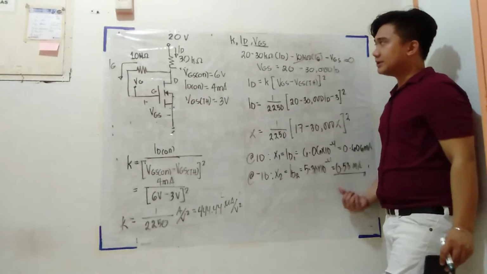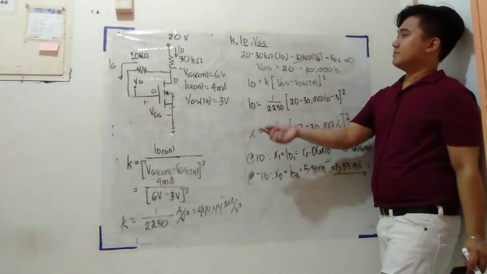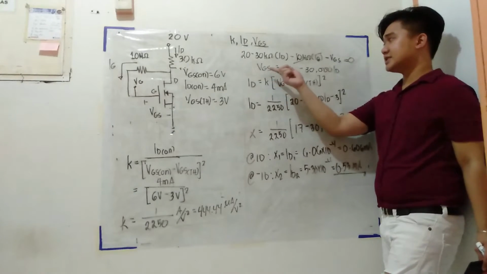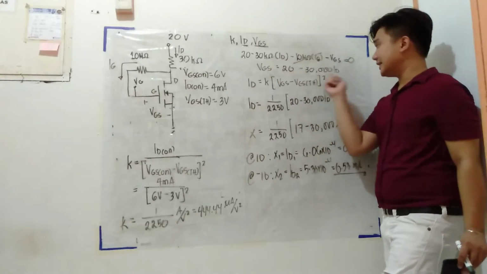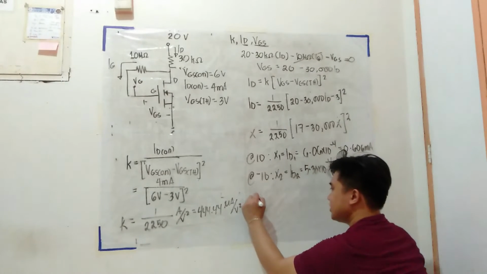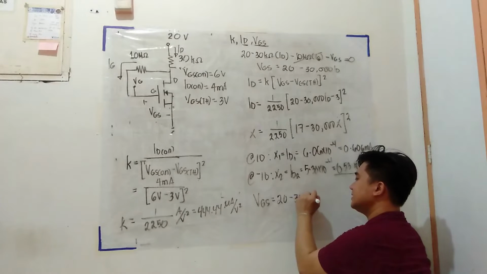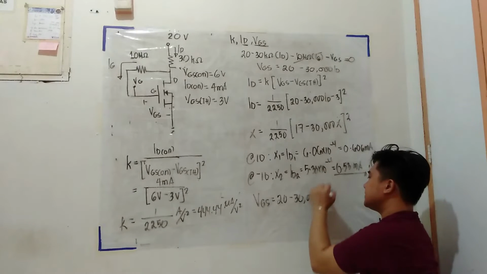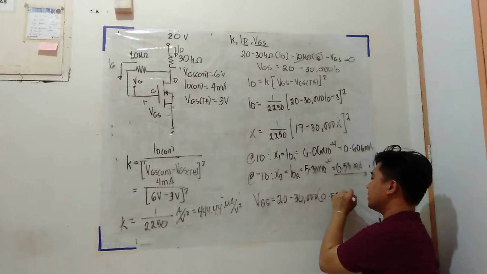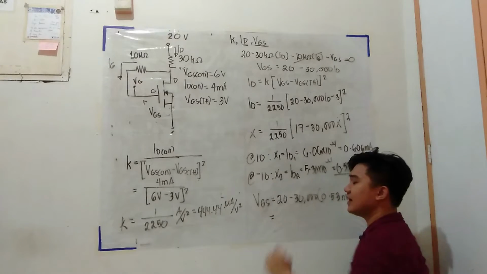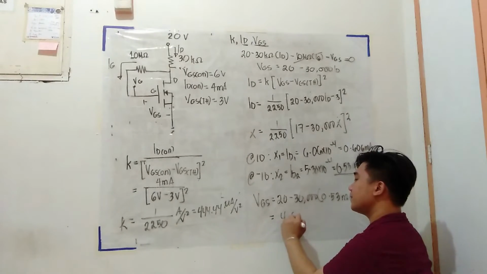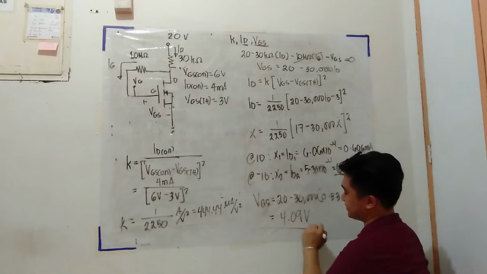Okay? Now, let us find the value of VGS. May nakuha na tayong equation kay VGS, i-substitute na lang natin yung value ni ID. So, VGS is equal to 20 minus 30,000 times the value of ID, which is 0.53 milliamperes, and you will find the value of VGS to be 4.09 volts.